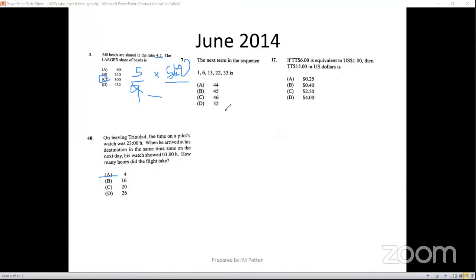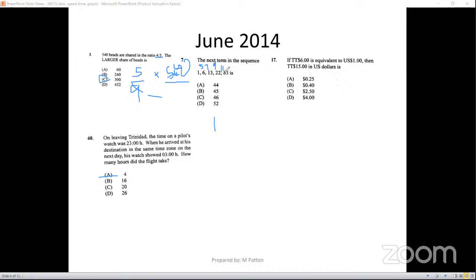All right, so let us look at the sequence. To get from 1 to 6, what did they add? 5. Then 7. And 6 plus 7 gives us 13. Then 9, which gives us 22. Then 11, and 22 plus 11 gives us 33.